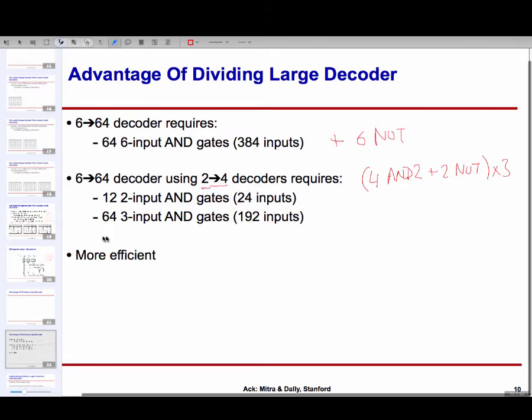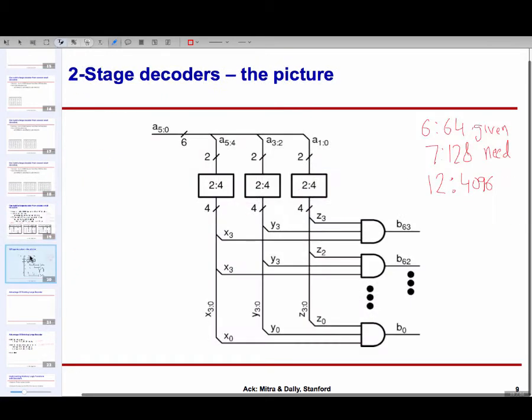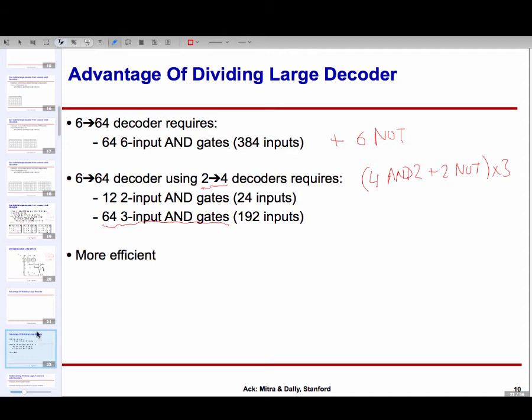This is why you get this 12 input count. But then I also need 64 3-input AND gates, because I need to combine the outputs of these decoders, one from each decoder, as we just saw in the slide. So I get 64 3-input AND gates.